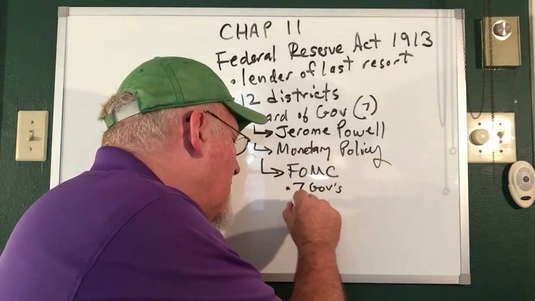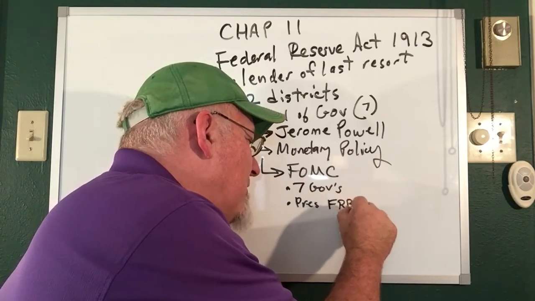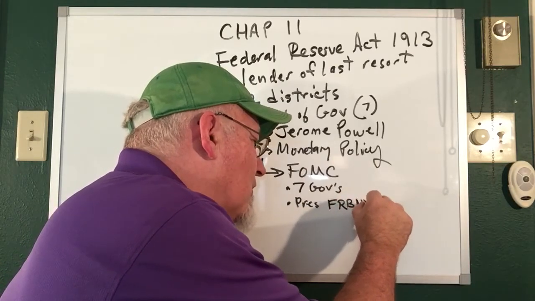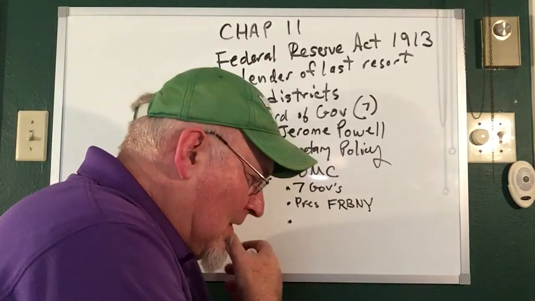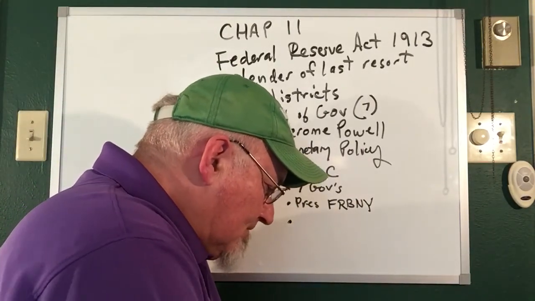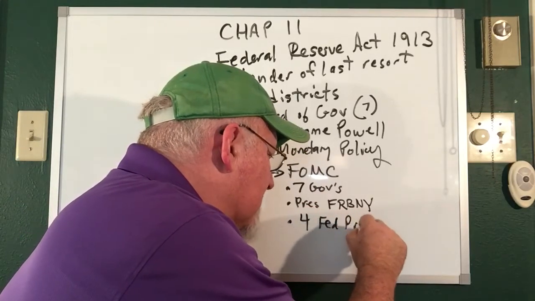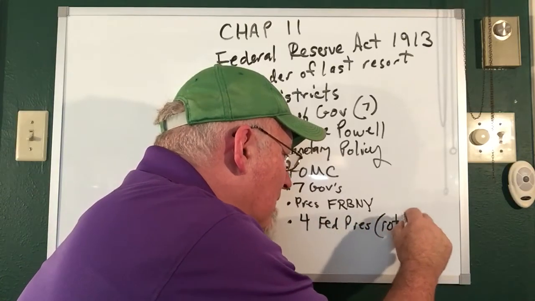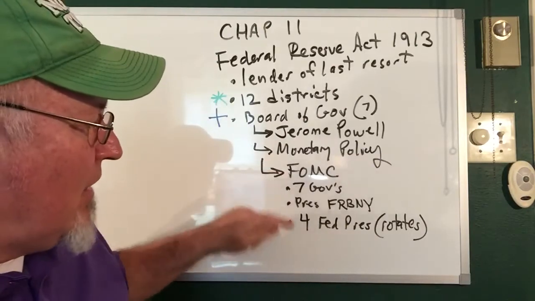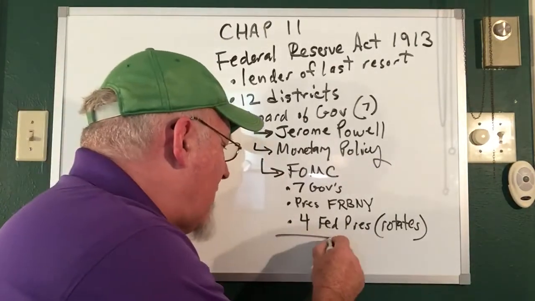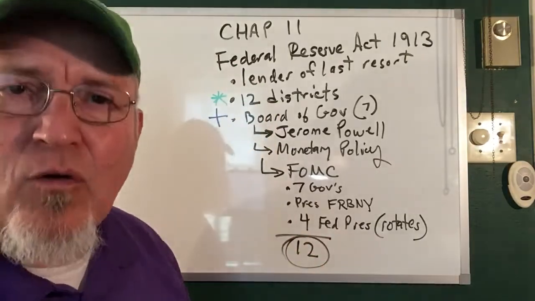The president of the Federal Reserve Bank of New York, and then 4 Fed presidents, and it rotates. Okay, so 7, 8, 12, right? Did I do my math right? There are 12 voting members of the FOMC comprised of those individuals.